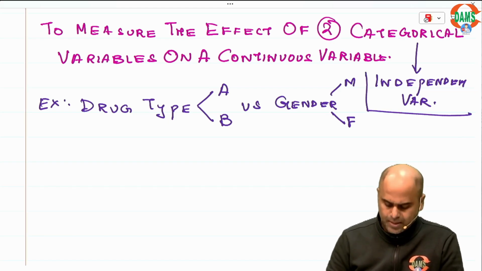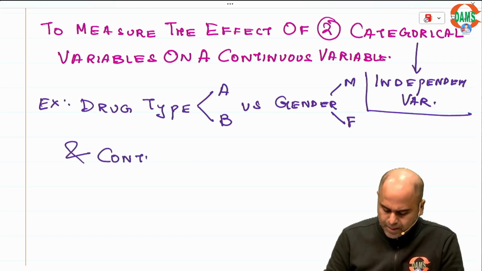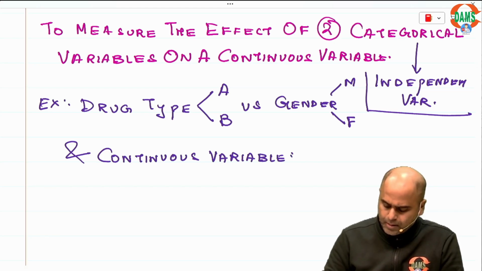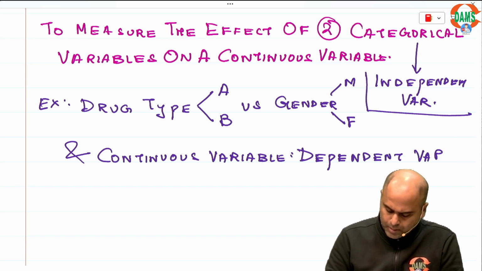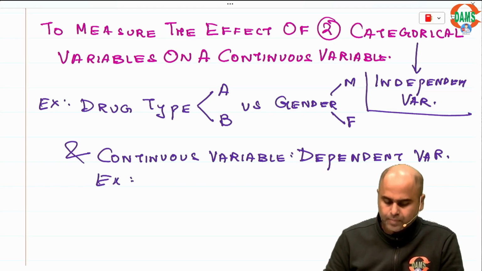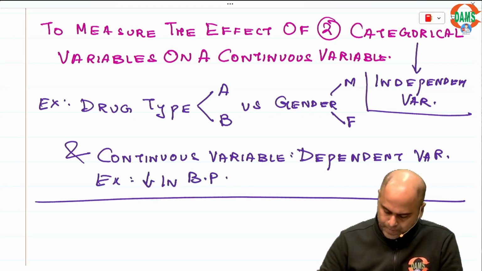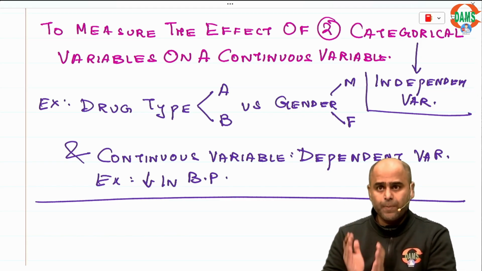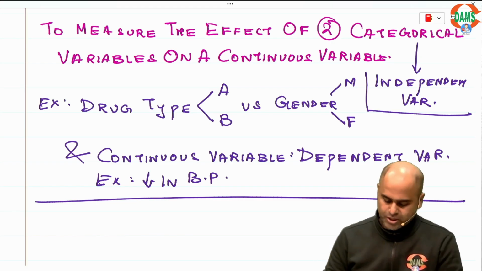And the continuous variable is the dependent variable, for example, the reduction in blood pressure. Yes guys, so a two-way ANOVA gives you this particular statistical association.